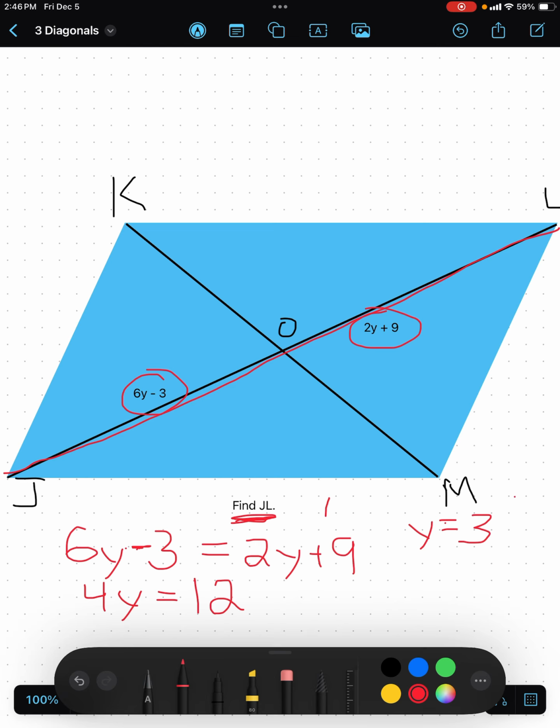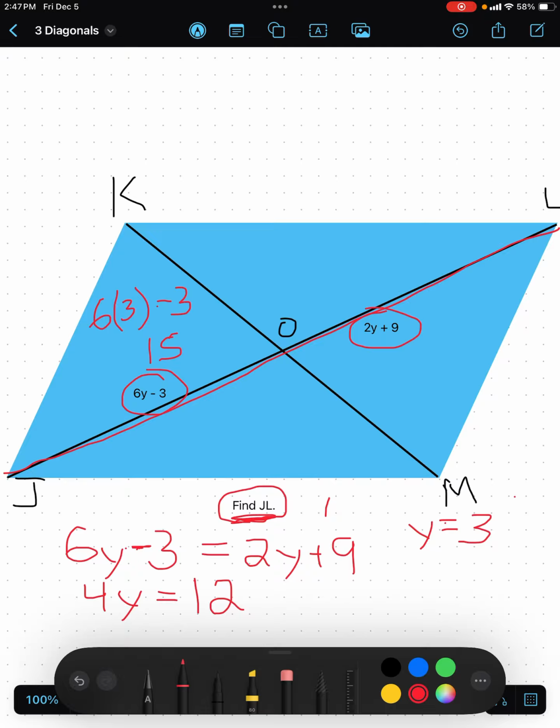Now, we're not asked for y. We are asked for the length of JL. That's the entire diagonal. Well, if we plug in 3 in for our variables, we're going to get 6 times 3 minus 3, which is going to be 15.